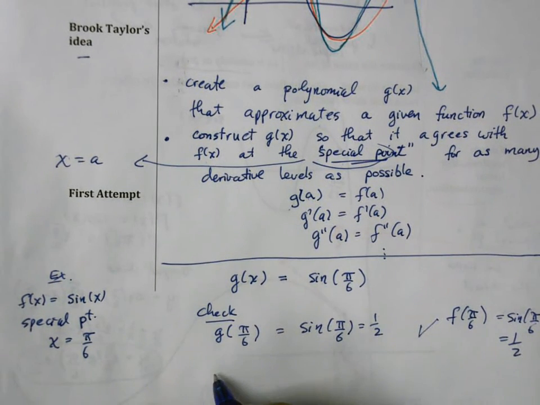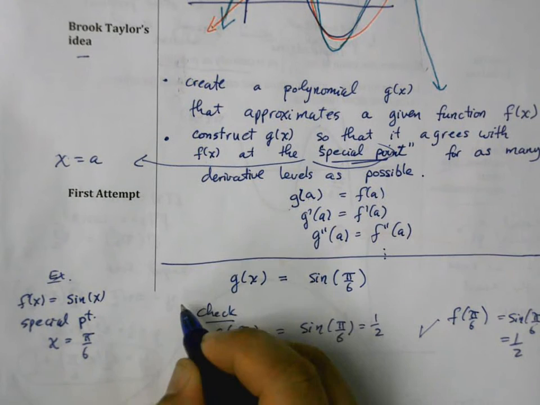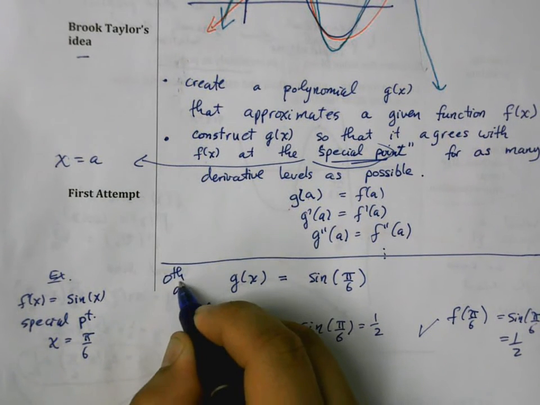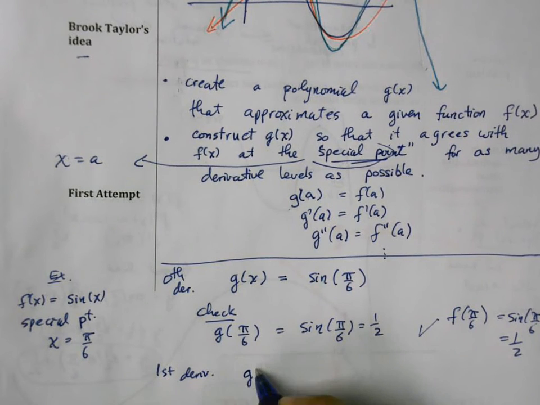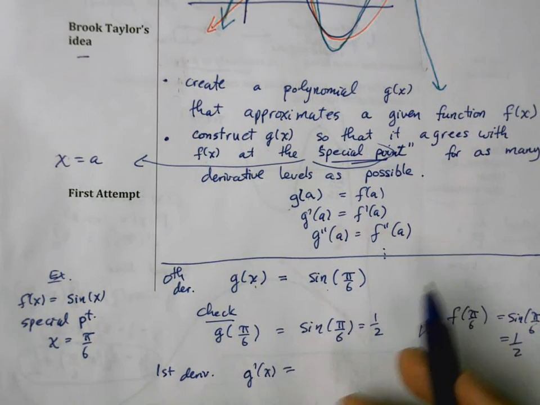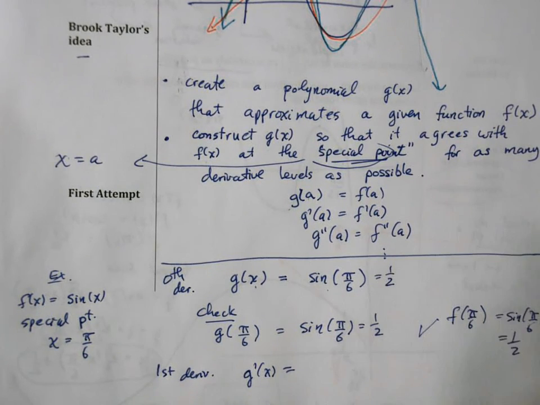Let's keep going. Let's take the first derivative. What is g prime of x? Well, g of x is a constant. This is really just 1/2. So g prime of x is equal to 0.